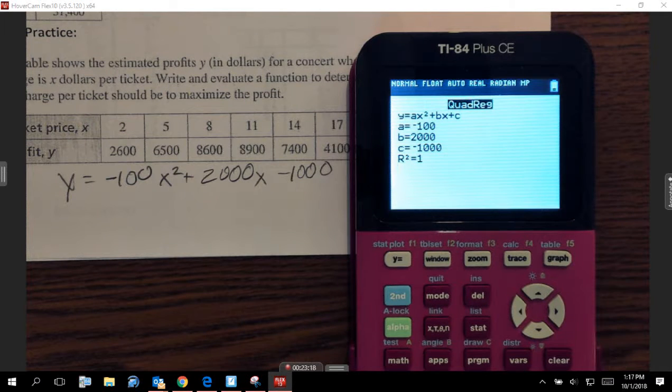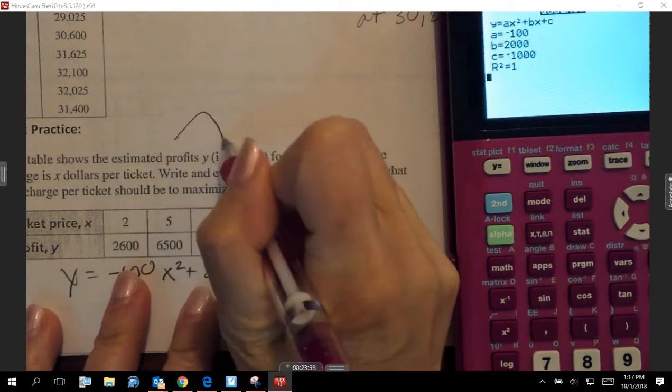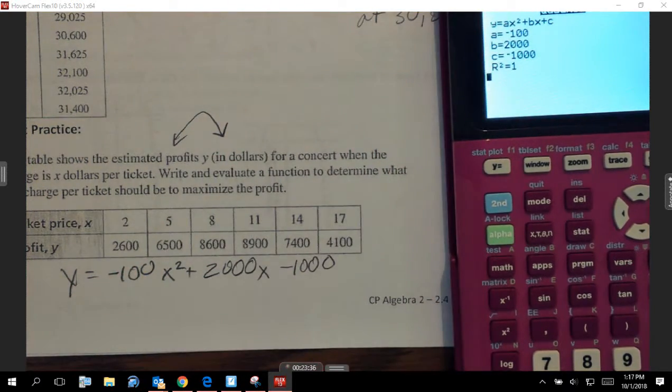Before I even graph this equation, my a value is negative 100. What does that tell me about the parabola? If it's a negative number, it's going to be reflecting. So I know that this graph is going to somewhat look like that.